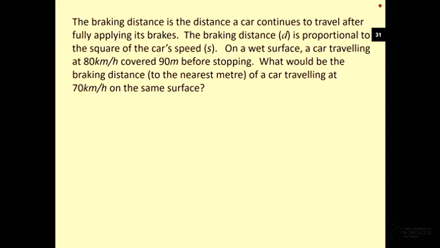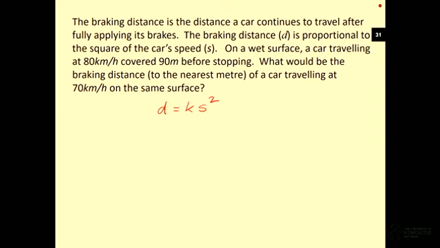So D is proportional to, in other words, it's equal to K times something. It said the square of the car's speed, S squared. D equals K S squared, because there's nothing over the distance. That's the formula it wants you to know.